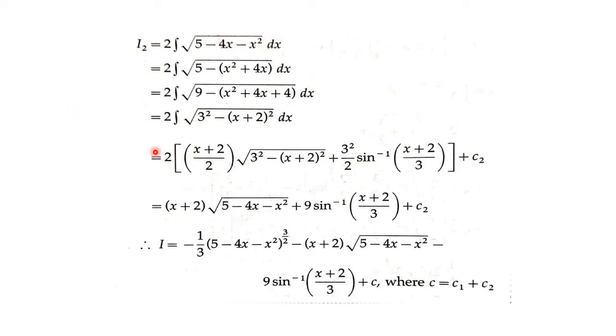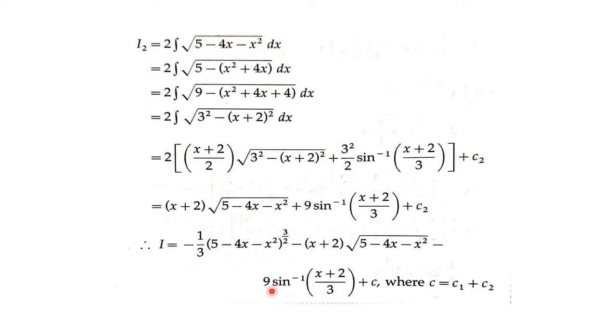Now see students, what happened? We have separated the terms, or we removed this bracket by the multiplication of 2. Then 2 gets cancelled with these 2, and for this term, these 2 again get cancelled, and that's why we have only 9 here. Remember that one.